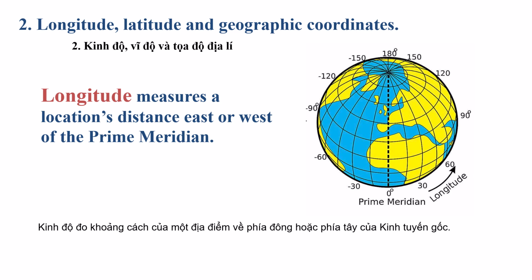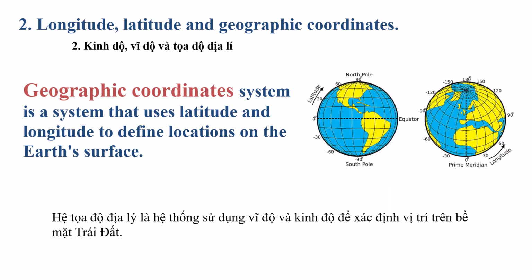Longitude measures a location's distance east or west of the prime meridian. The geographic coordinate system is a system that uses latitude and longitude to define locations on the Earth's surface.